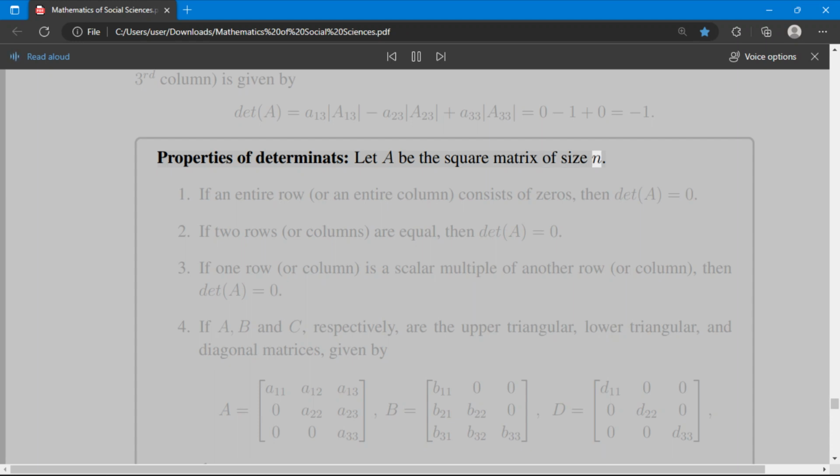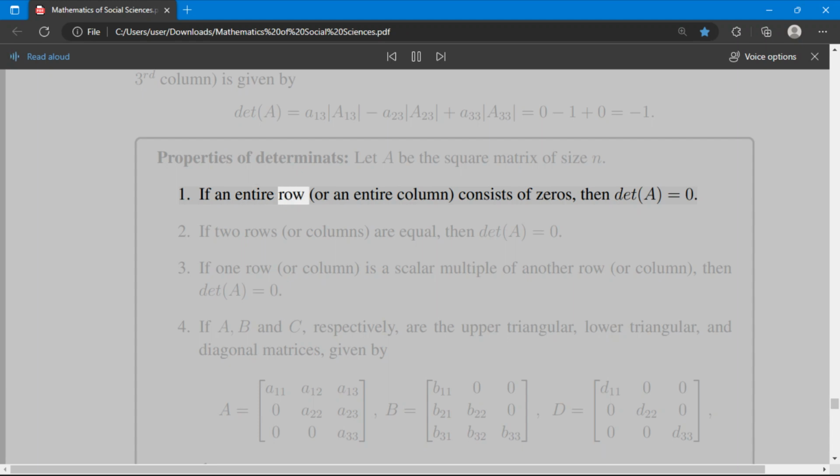Properties of determinants. Let A be a square matrix of size n. 1. If an entire row, or an entire column, consists of zeros, then det A equals 0. 2.